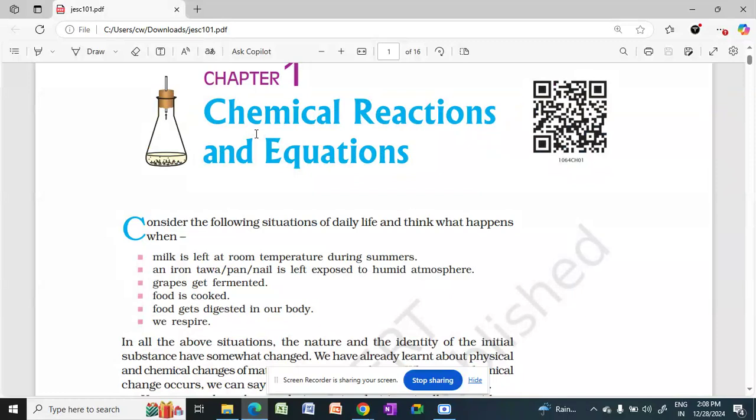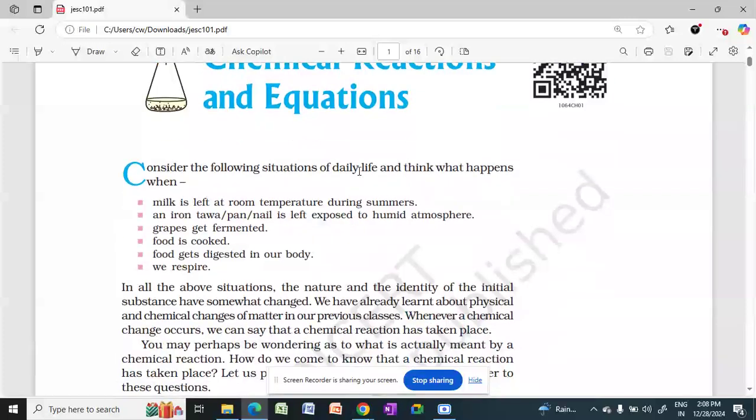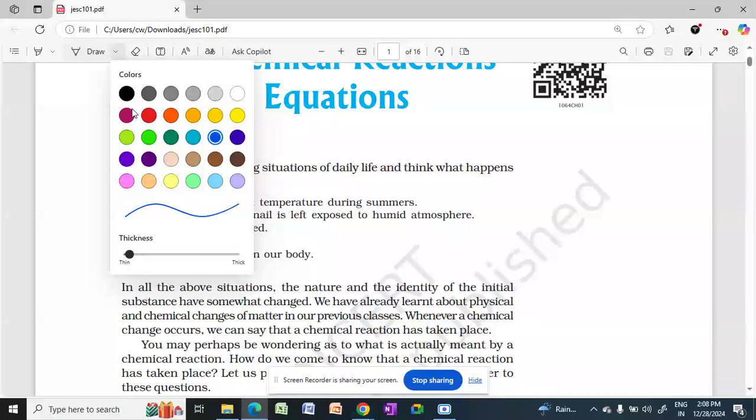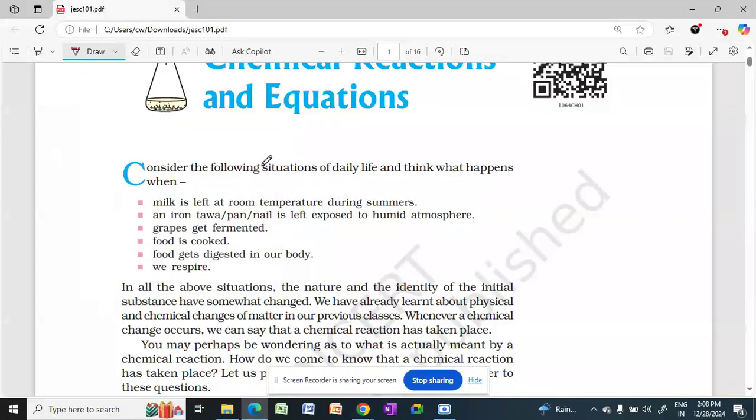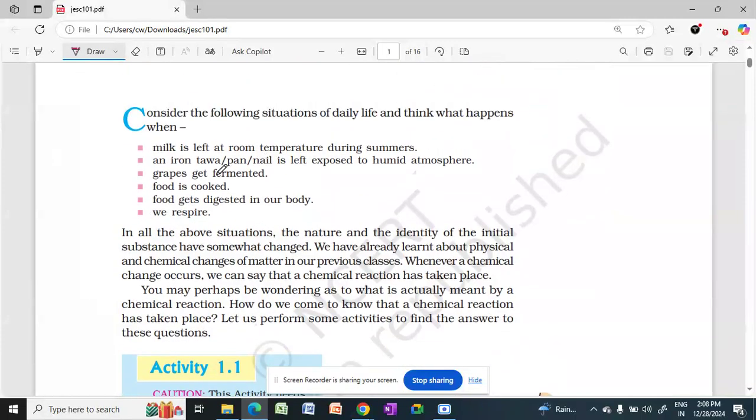In the first point, it is given: consider the following situations of daily life and think what happens when, for example, milk is left at room temperature during the summers. What happens? Or an iron tawa, pan or nail is left exposed to a humid or moisture-rich atmosphere, then what will happen?